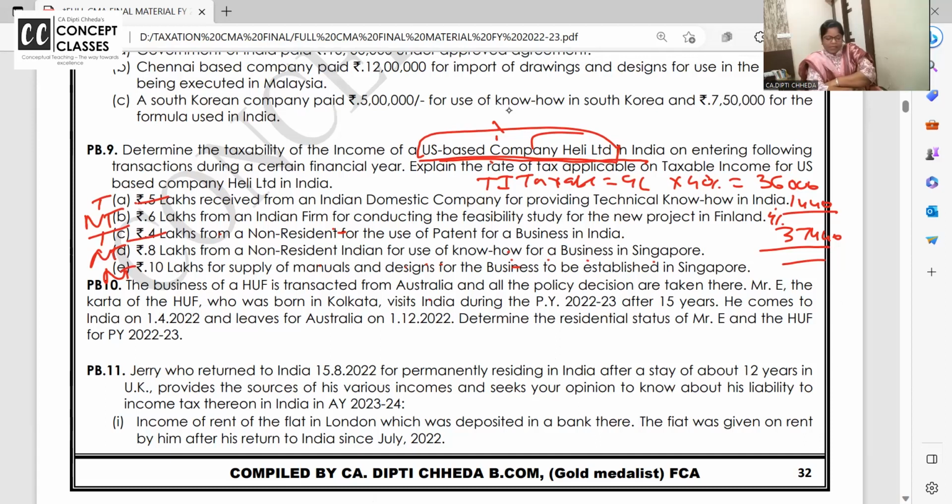He comes to India on 1st April and leaves India on 1st December. Determine the residential status of Mr. E and the HUF. So now in the case of HUF, what is it?